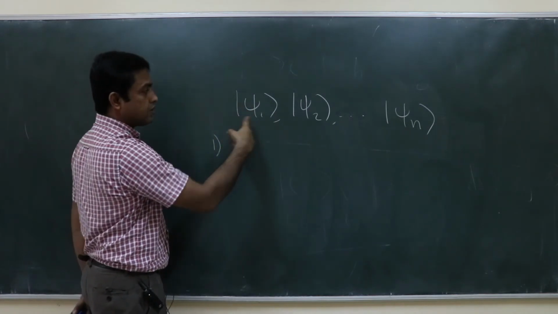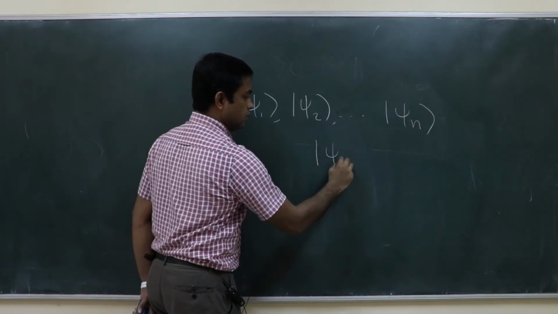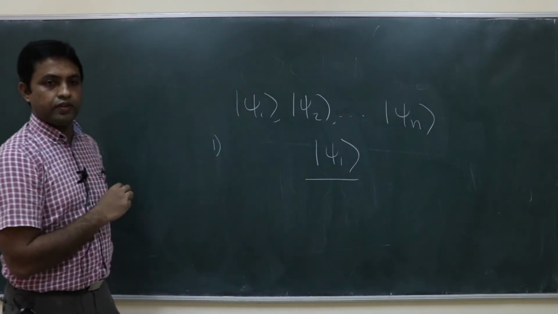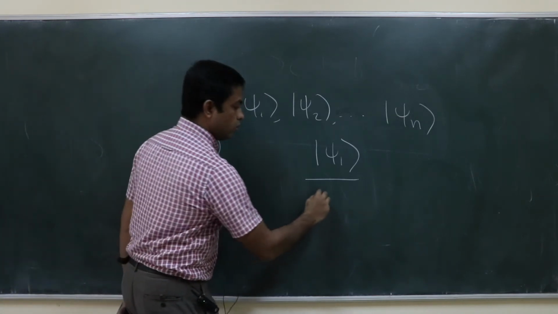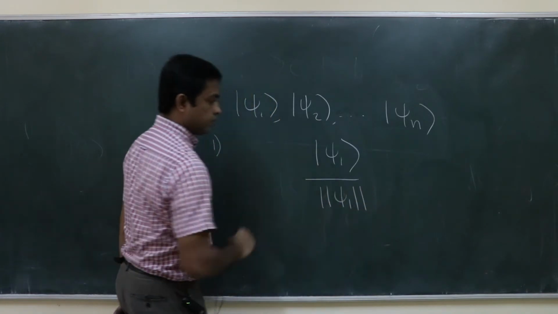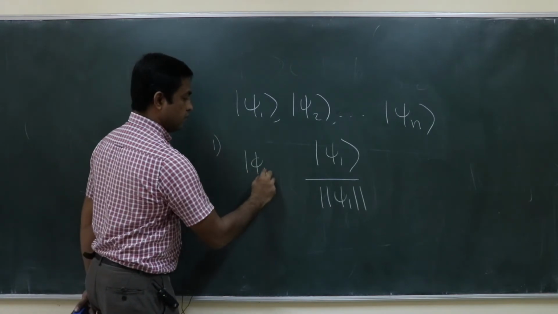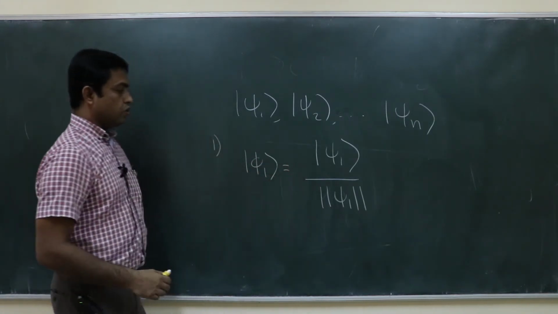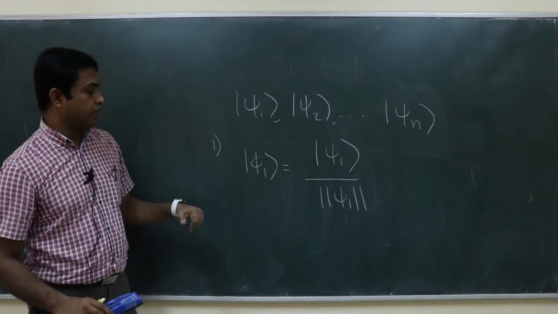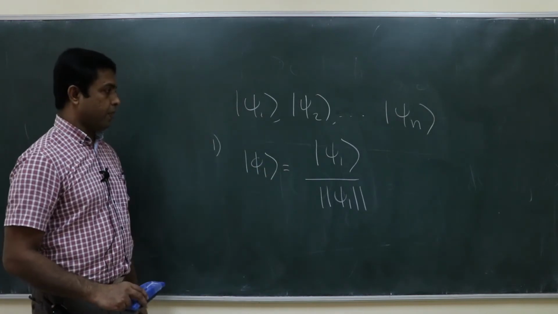So I take ket psi1 and divide by the norm of psi1, and call that ket phi1. So first you take one of the vectors, in this case the first vector, normalize it and call it ket phi1.